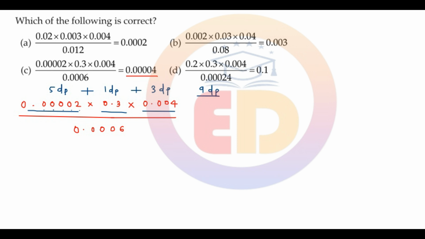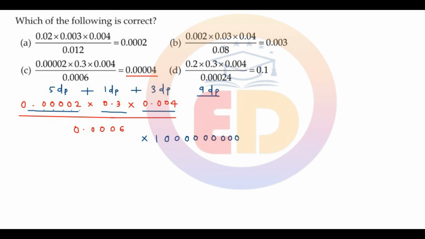And if there are 9 decimal places in the numerator, I have to multiply the denominator by 1 followed by 9 zeros, if I want to remove the decimal point of the numerator.